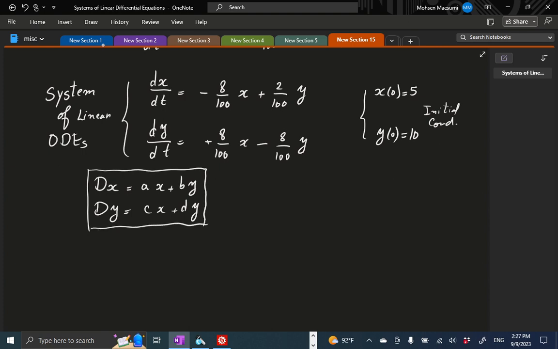So that's an example of a general first order system of linear ODEs, linear and homogeneous. Like we don't have any numbers.